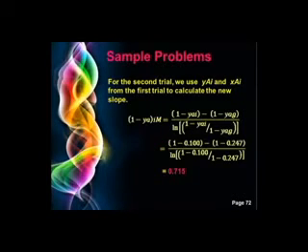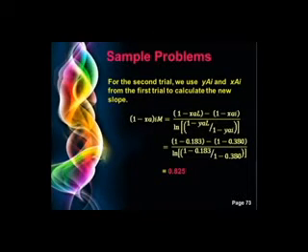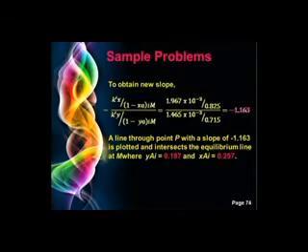For the second trial, we use YAI and XAI from the first trial to calculate the new slope. We get now 1 minus YAI and 1 minus XAI, and we plug it in this equation again to get a slope of negative 1.163.